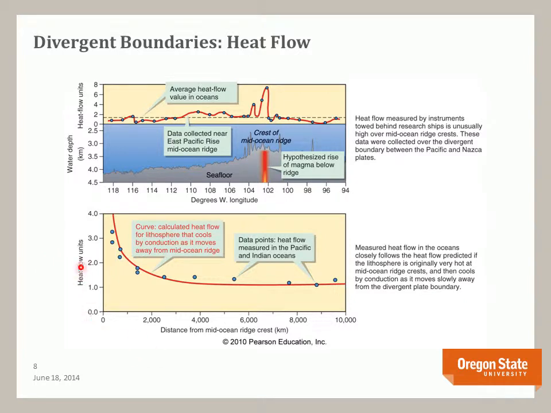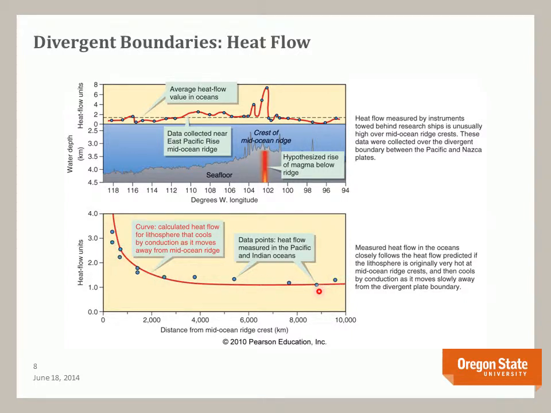So this is another graph or another model of heat flow units. So how much heat is moving through the crust versus distance from the ridge crest. So here's the ridge crest, we're moving away. Now if we assume that cooling is occurring by conduction, that is, there's not a lot of fluid penetrating deep to cool the crust, we would get a cooling curve or a heat flow curve that looks like this.